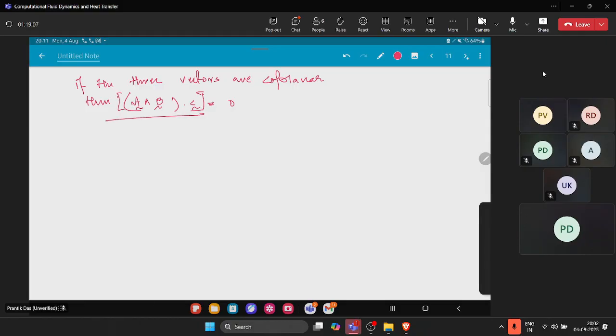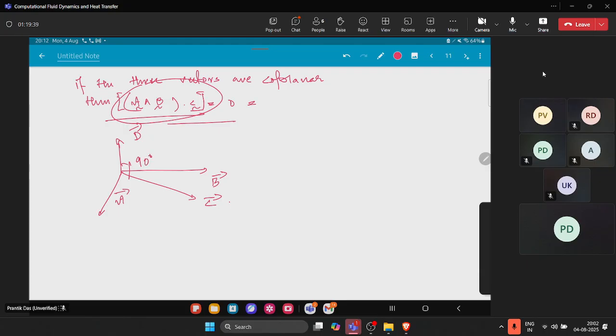Since, for example, A and B are coplanar, A cross B will give you a vector, some D vector, and C is also in the same plane as A and B. So D vector and C vector will have 90 degrees between them. If I take a dot product between two vectors that are at 90 degrees, that will give me a 0 result. That's how you can prove why the scalar triple product is equal to 0 when three vectors are coplanar to each other.